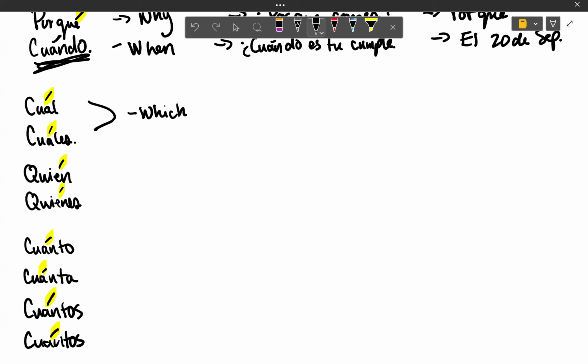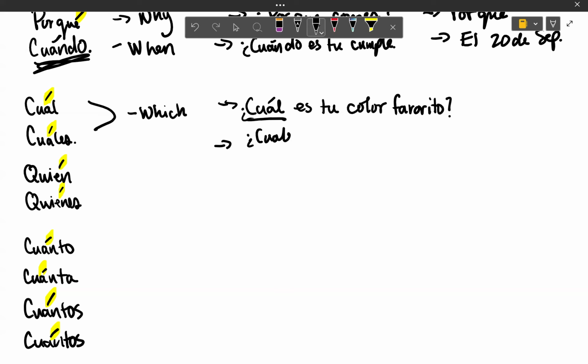We don't need to know all the cases right now. So a typical question might be, ¿Cuál es tu color favorito? Which is your favorite color, right? That's cuál. So how do you know to use cuáles? ¿Cuáles son tus clases favoritas?